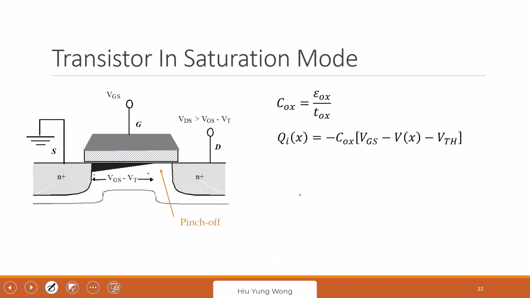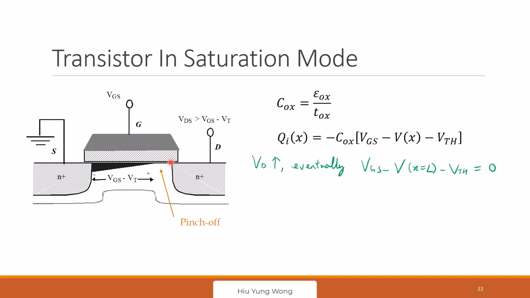Now, what if we go to so-called saturation? If we keep increasing VD, eventually VGS minus Vx at x equal to L, minus VTH, is going to be equal to 0.